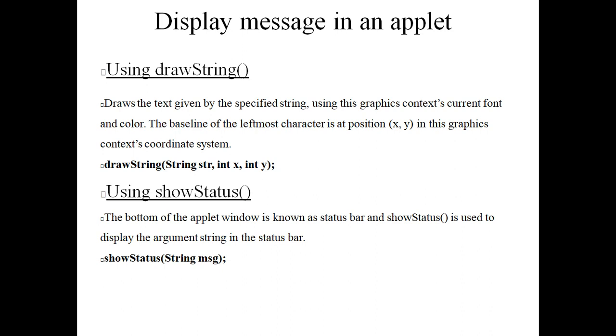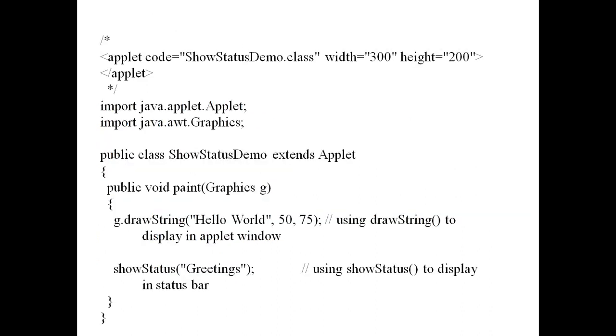You can pass a string to showStatus, and it will be displayed in the status bar at the bottommost portion of the applet. So these are the two methods used for displaying a string in an applet.